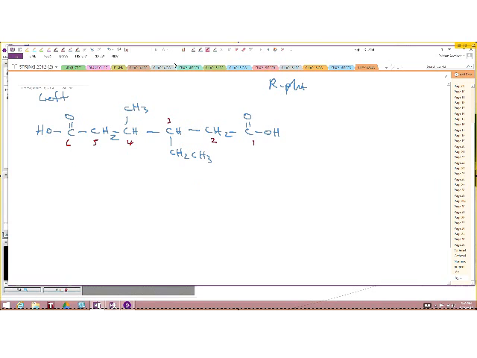Okay, so this becomes 3-ethyl, 4-methyl, 1,6-dioic acid.